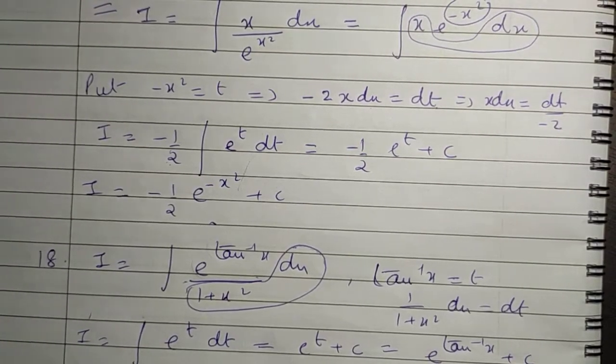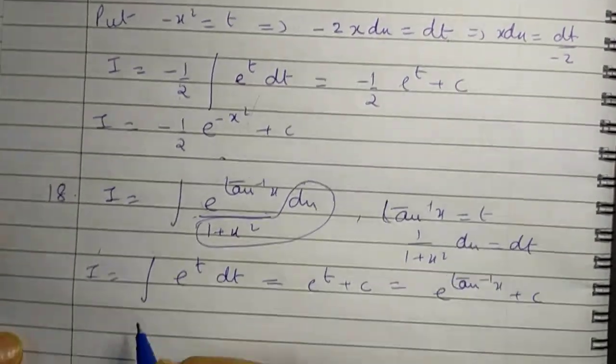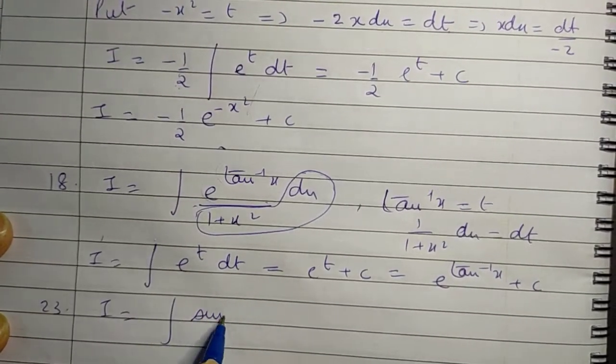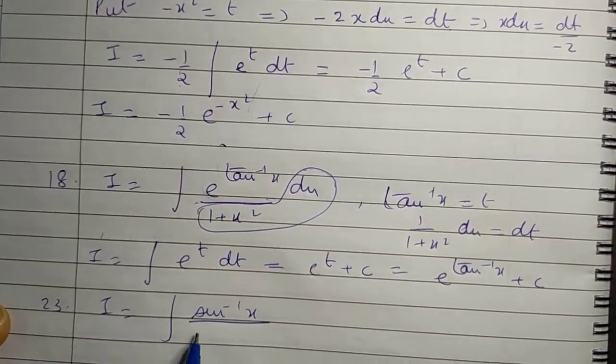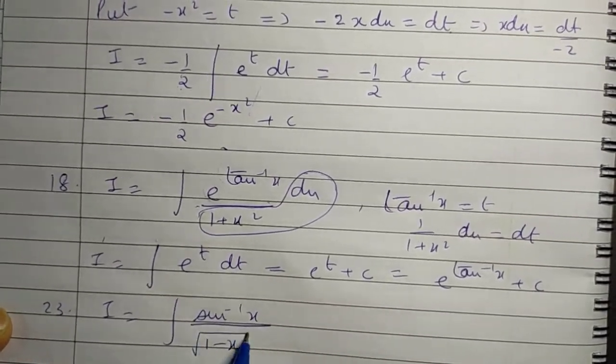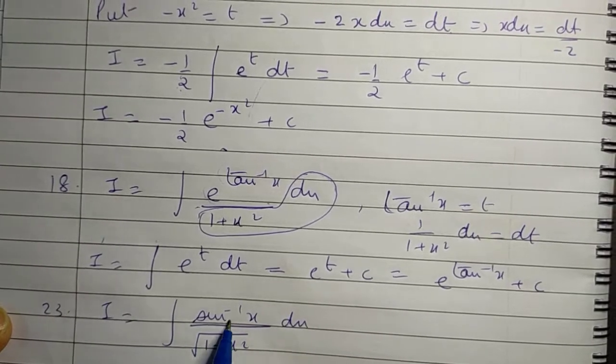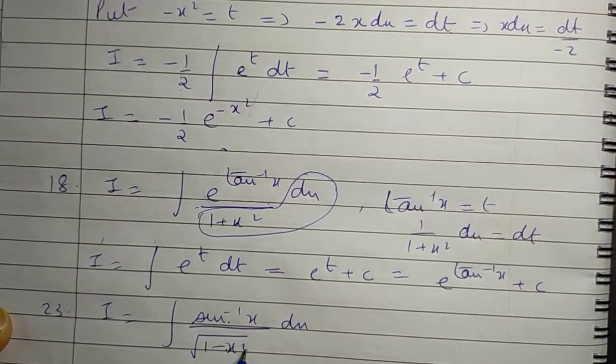Similarly, question number 23 is also similar, which is sine inverse x upon under root of 1 minus x square dx. Very obviously, the derivative of sine inverse x is 1 upon under root of 1 minus x square dx.